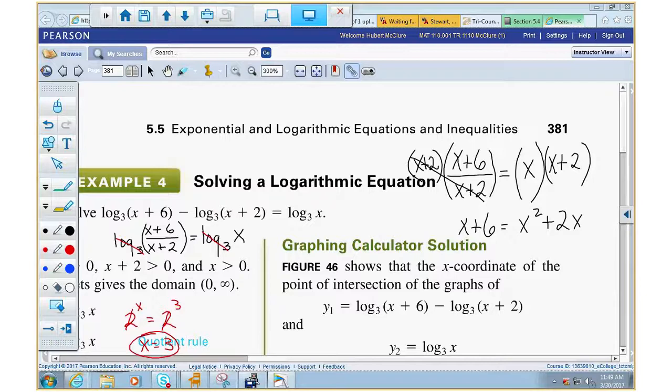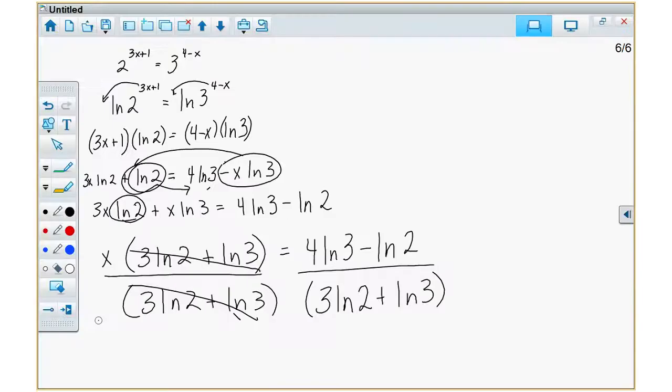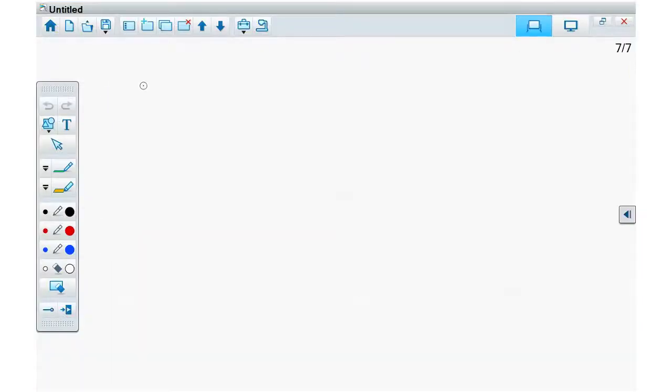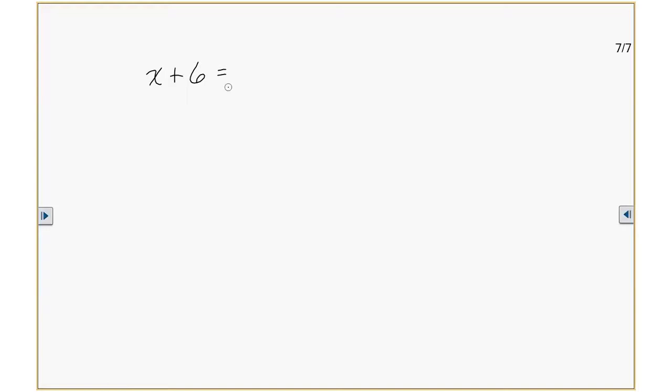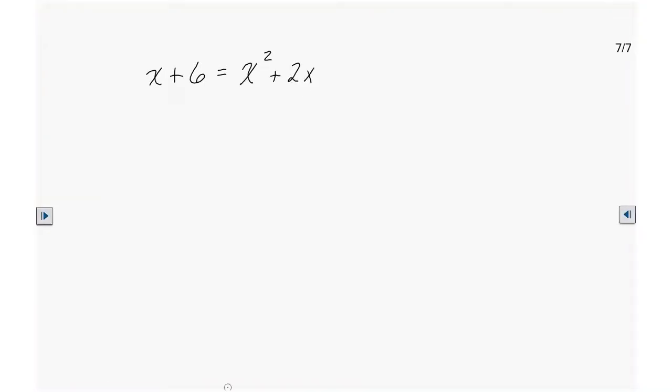Write that down. I'm going to go to a whiteboard. x plus 6 is equal to what? x squared plus 2x.